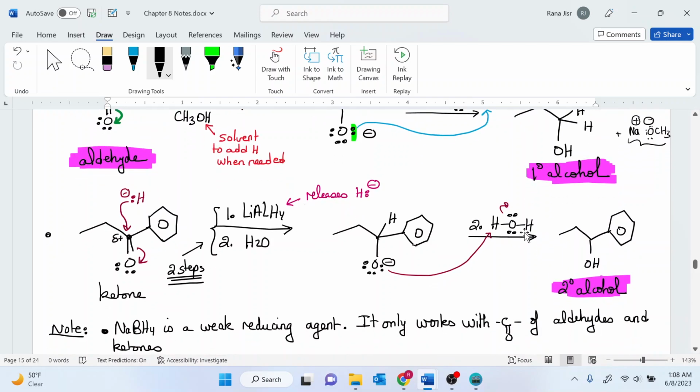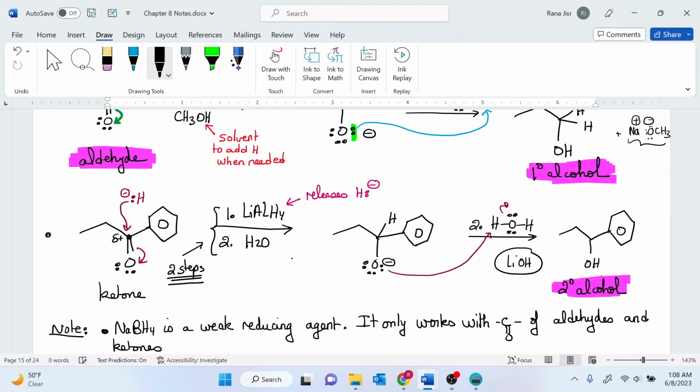Now, the thing here, we all know that OH is a very bad leaving group. Yes, but not for the protonation step. Because when the OH leaves, you have your lithium in the solution. And lithium is positive, so lithium is going to balance the OH and you're going to have lithium hydroxide.